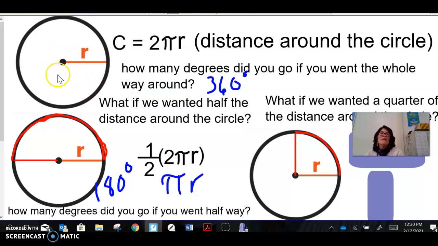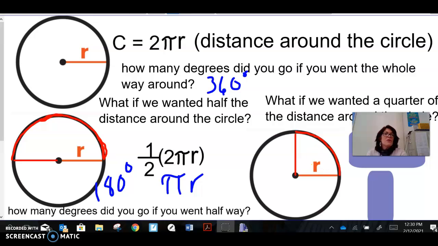The degrees were 360. Halfway around was half of 2 pi r. That's this distance, the length of that red marker. It's half of the whole thing, so half of 2 pi r, or pi times the radius. And then I went through 180 degrees.